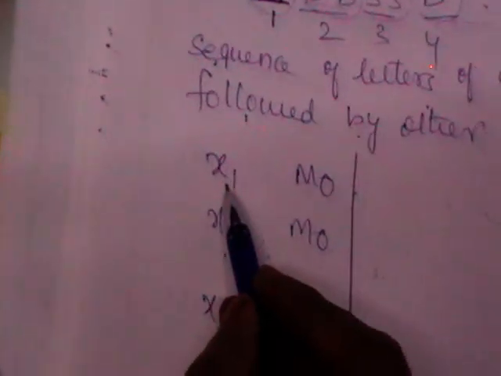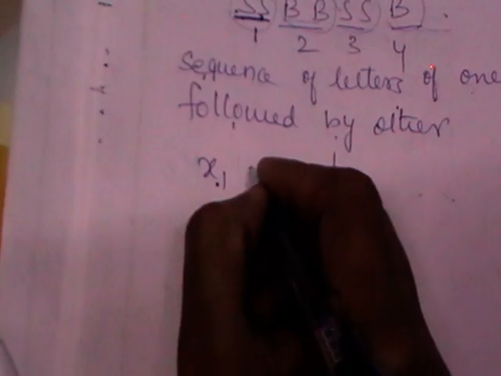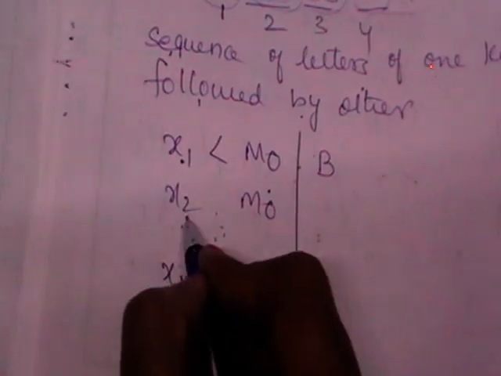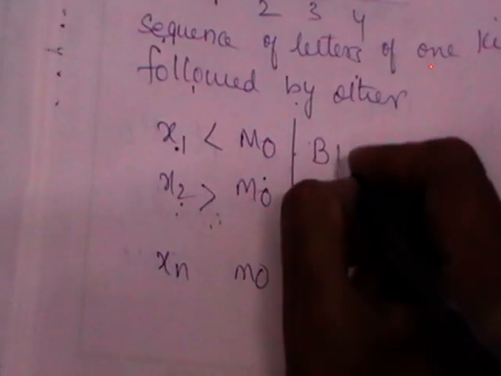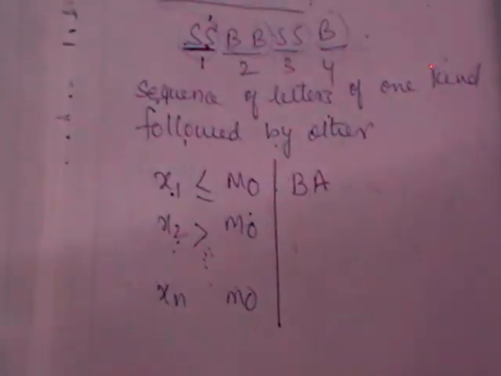So you are making n comparisons here. Whenever you get x1 less than m naught, you replace that with B. If you get x2 greater than the median, you replace that with A, and so on. The equal to case, let us include in the first one.